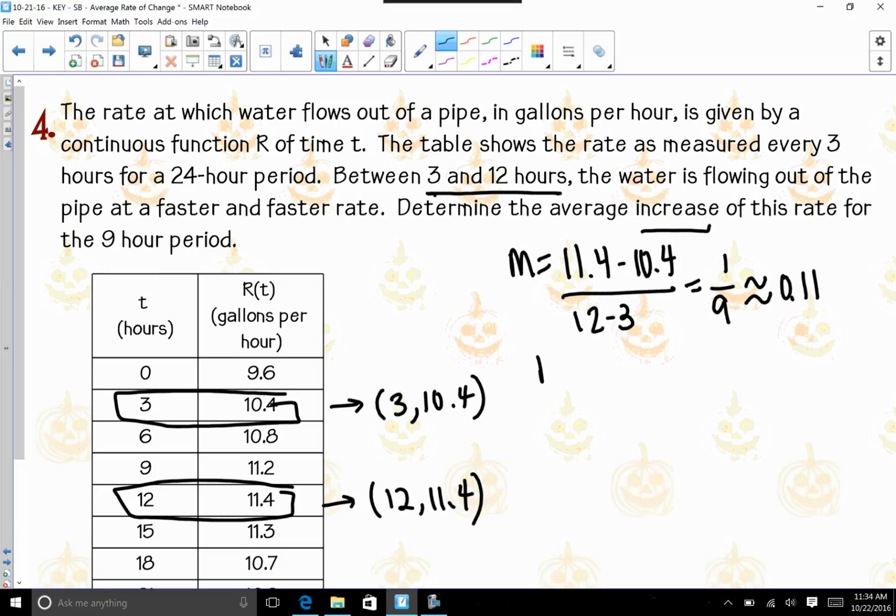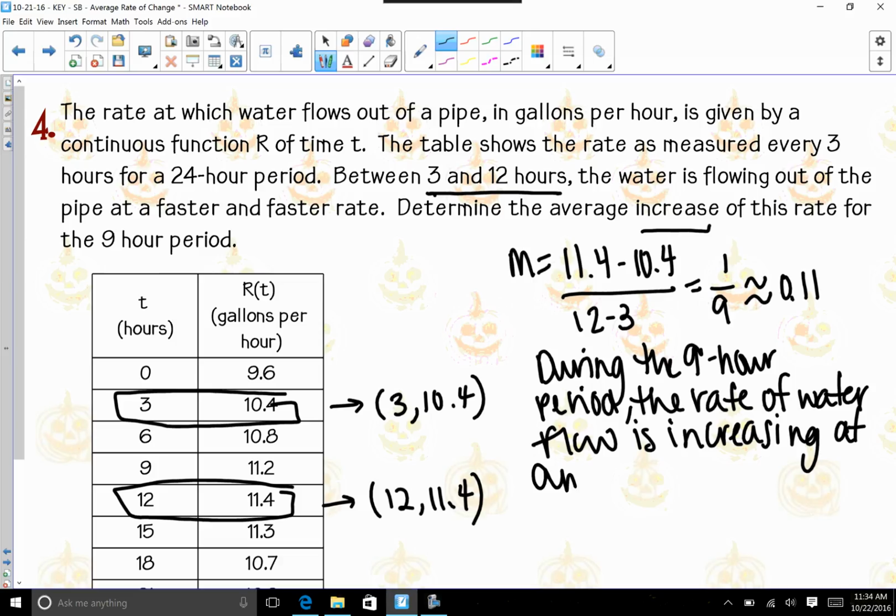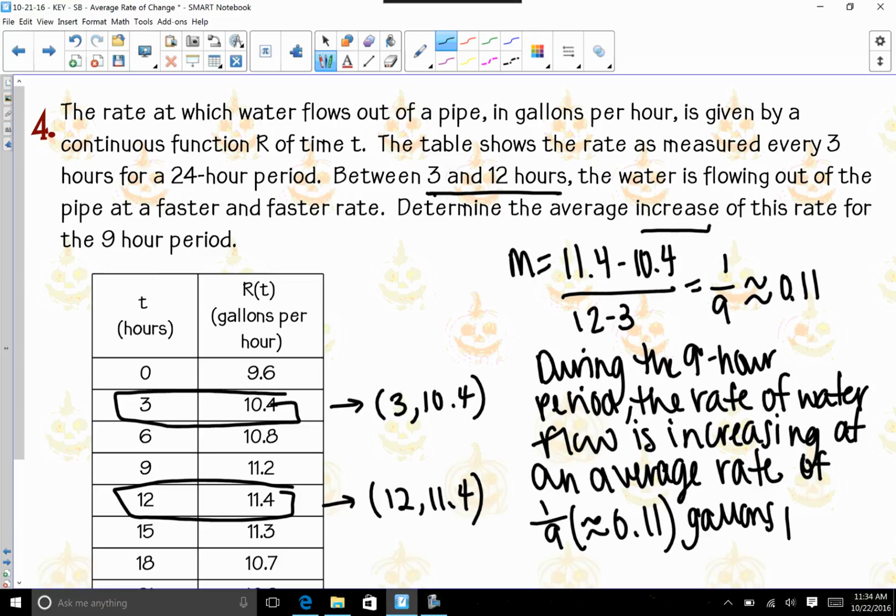So we can say during the 9-hour period, the rate of water flow is increasing at an average, and remember we said yesterday you have to include the word average, at an average rate of 1/9 or approximately 0.11 gallons per hour.